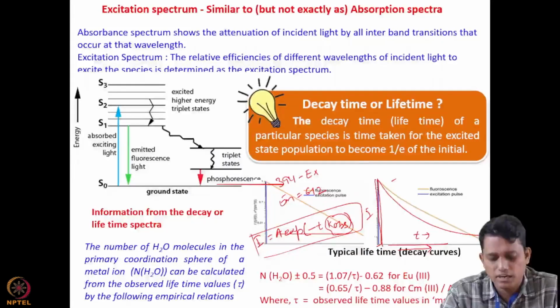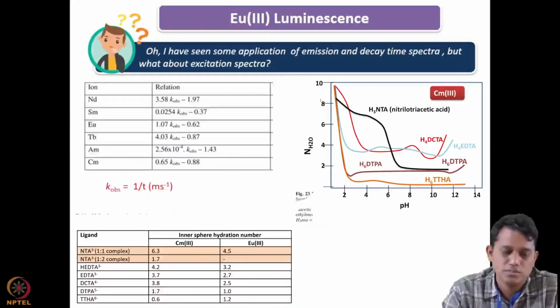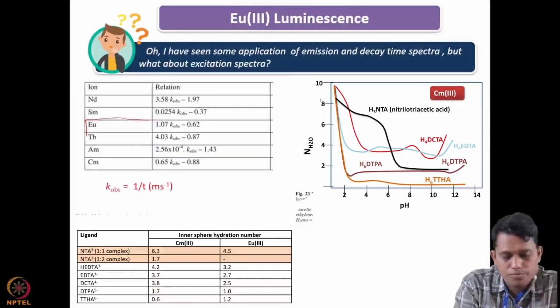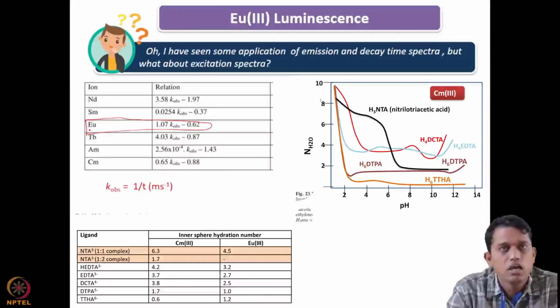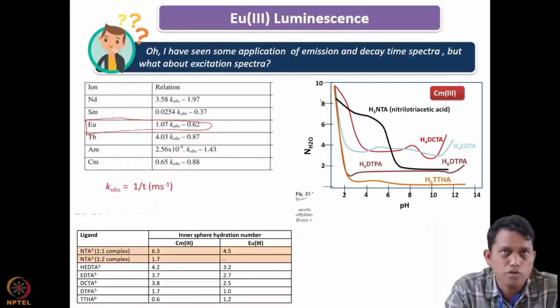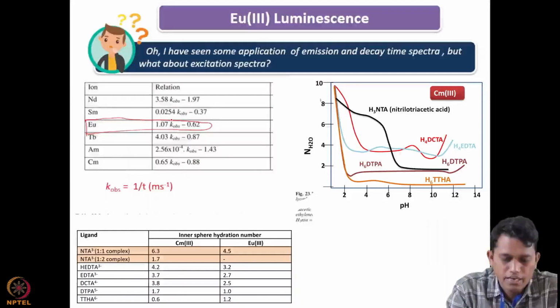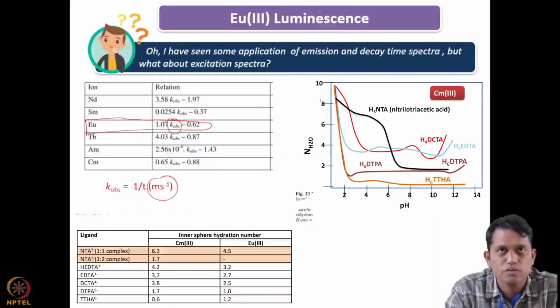How can we get that idea? Because we have certain relationships. So suppose you take europium, we have a relationship between the number of water molecules in the primary hydration sphere and your observed decay constant. Here you have to take care that all these values are given in milliseconds. So suppose you have a lifetime of 100 microseconds.